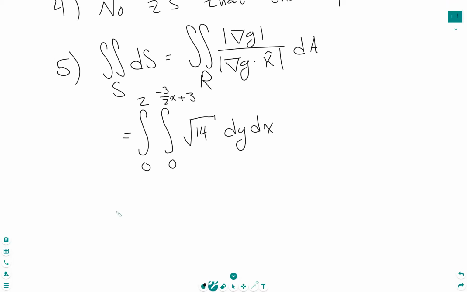Okay, so now we just integrate this. Just going to pull out that square root of 14. Integral from 0 to 2 of negative 3/2 x plus 3 dx.